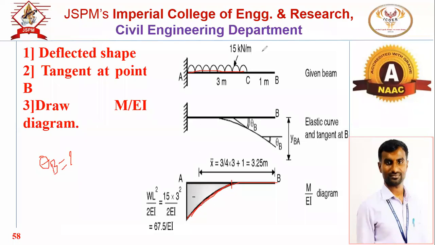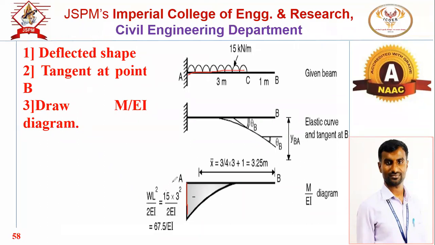Now here the BMD is a parabolic curve. If you find the area of this particular BMD, then you will get theta B. As this is a parabolic curve, the area is given by 1/3 base into height. Now at this fixed end, the bending moment will be WL square by 2. Here W is the UDL of 15, and L is the span of that UDL, that is 3 meters.